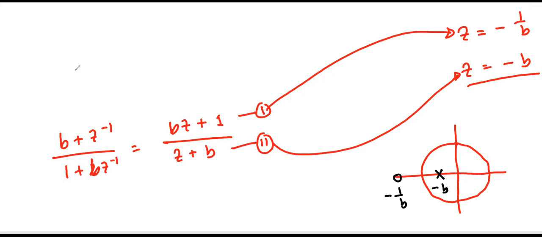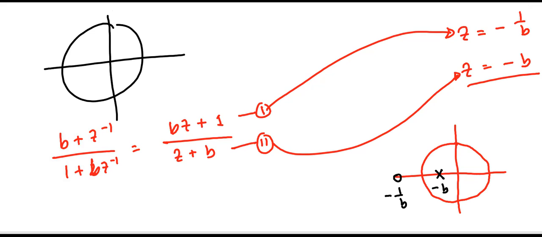If we consider any value, let's say it is minus 0.5, then of course the zero location should be at minus 2.